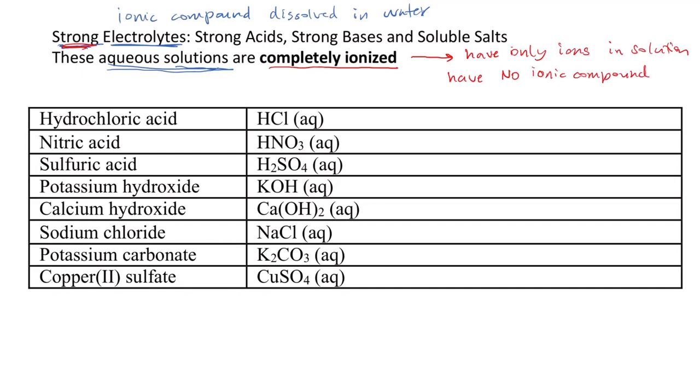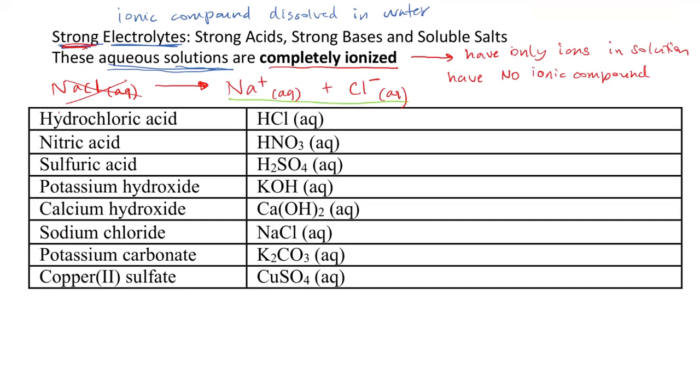Okay, and so what that means, for example, the sodium chloride. So sodium chloride is dissolved in water. You see table salt, you dissolve it in water. Well, you don't actually have sodium chloride. Instead, what you have is the sodium ions, Na+, and the chloride ions, Cl-. And so instead of having this, you have this in the aqueous solution.